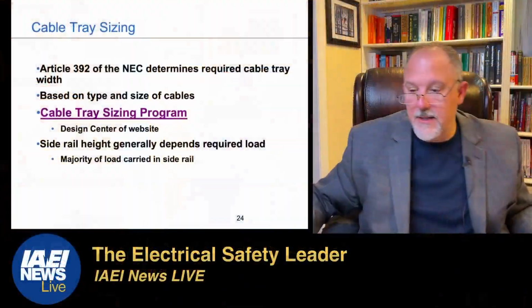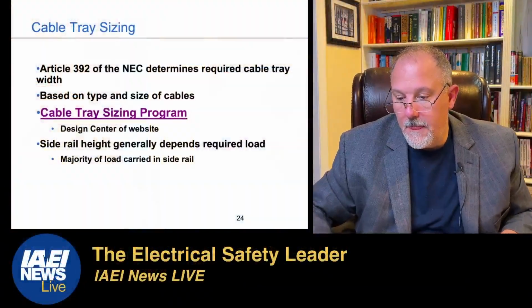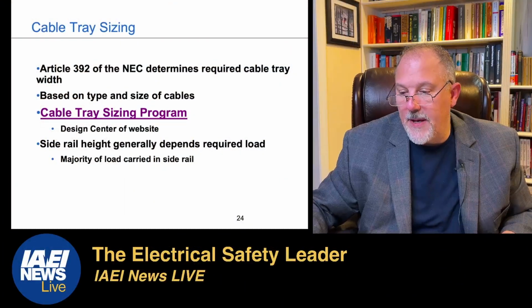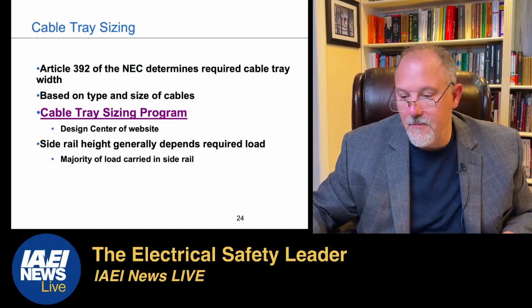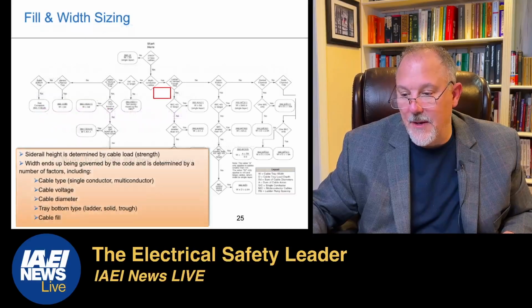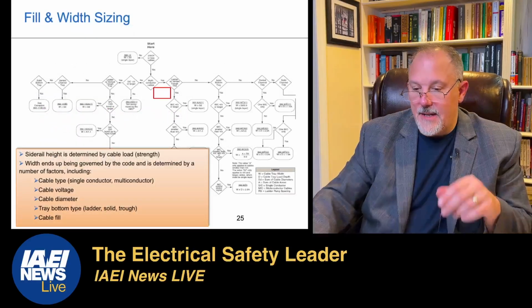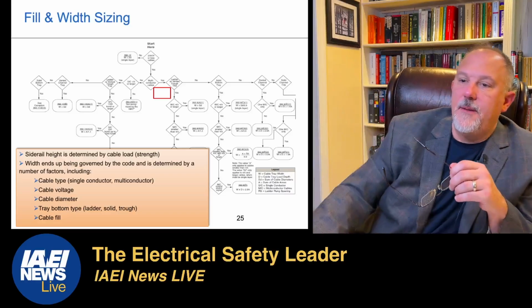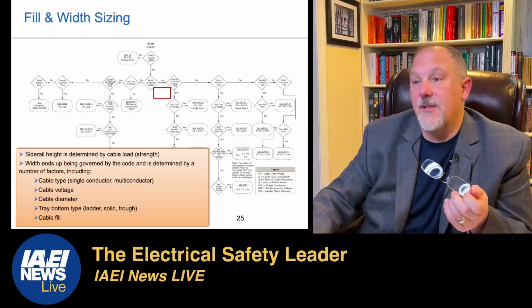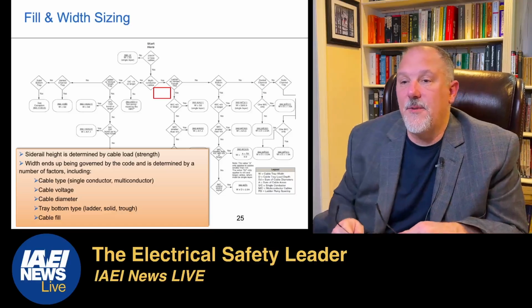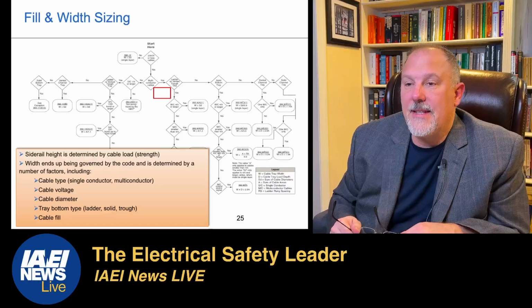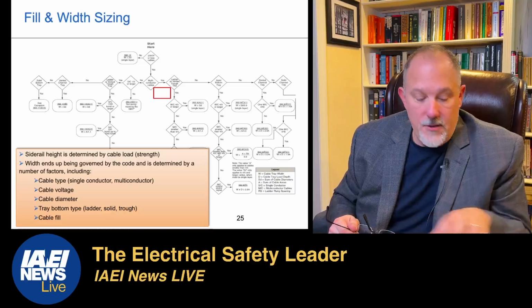So in any case, side rail height generally depends on the required load. The majority of the load is carried on the side rails. We already said the weight depends upon the cable and the side rails, so the width ends up being governed by the code, right?